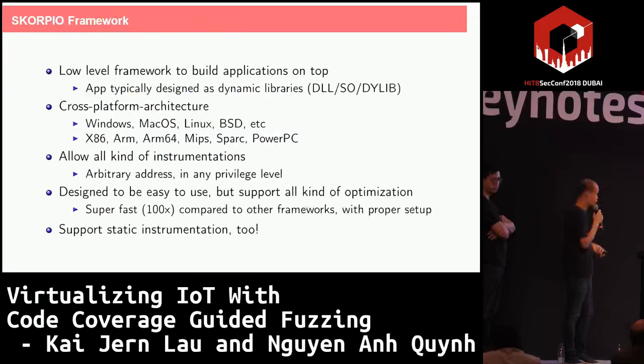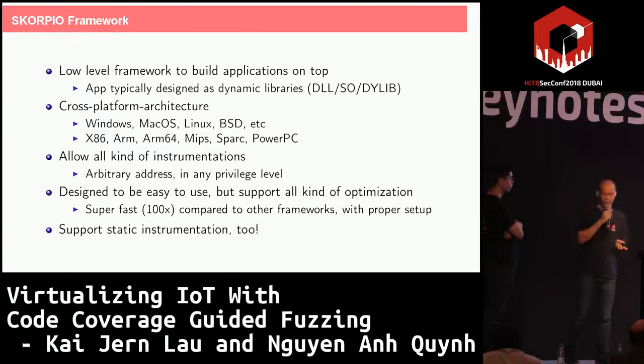So we decided to build our own framework for DBI, which is called Scorpio. There are some main advantages offered by the Scorpio framework. First, Scorpio is a low-level framework, so you can build your own instrumentation on top of that. It supports all platforms.